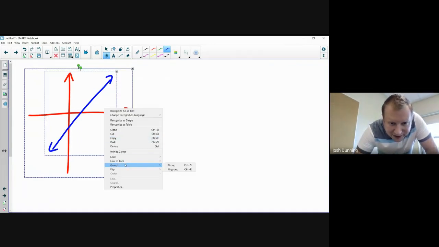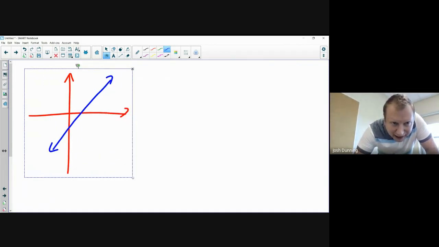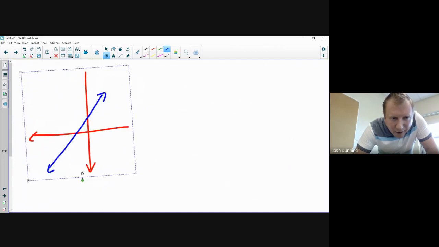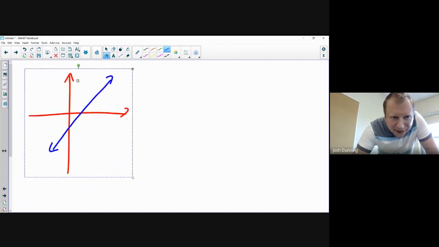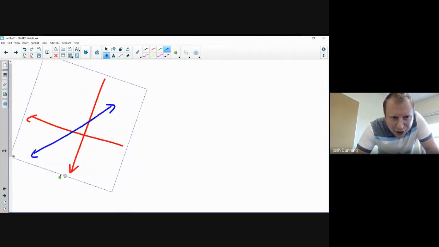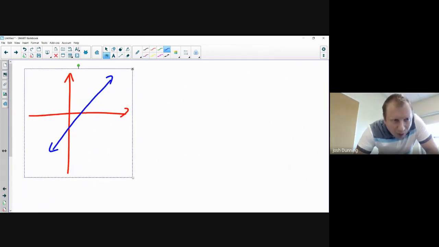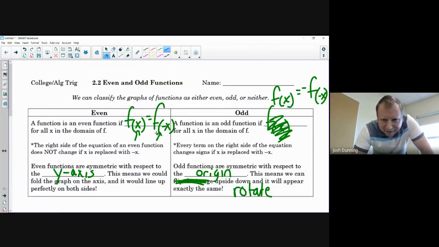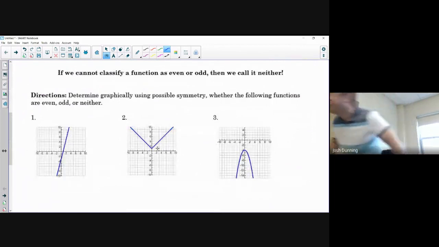Now we want to see if this will be exactly the same if I rotate it over. So we're starting bottom left and going up. Well, we're starting bottom left and going up still, but look, here it's crossing the y-axis in the negatives beneath the x. But when I rotate it, now it's above the x. That's one thing I don't like about this worksheet that I found. Everything else is good. The first one is neither.